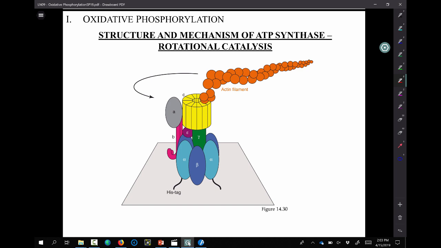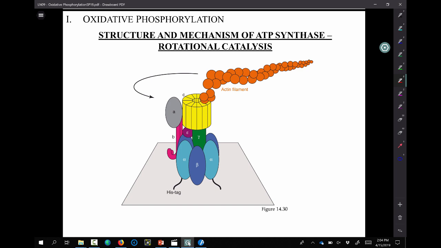So this research group's hypothesis was that if the production of ATP by alpha and beta requires a clockwise turning of the C ring, then alpha and beta, if they were to hydrolyze ATP, would cause the exact opposite turn in the C ring.